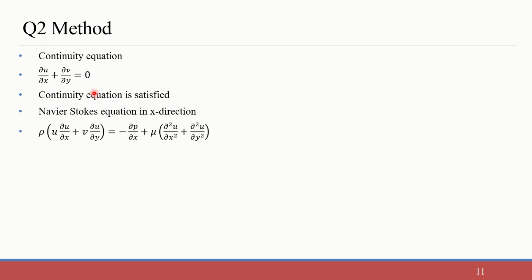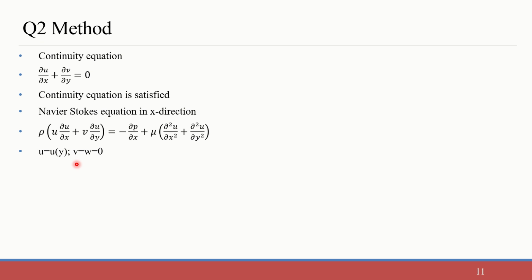Again u is not varying with respect to x, so this term becomes 0, plus dou square u by dou y square. So this term remains. That is how we get the next step.